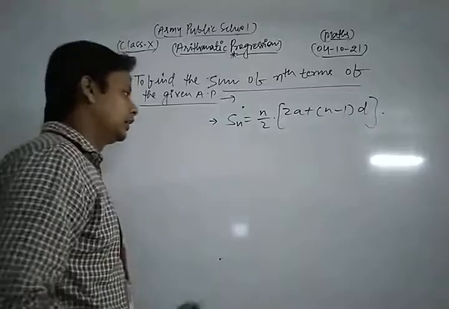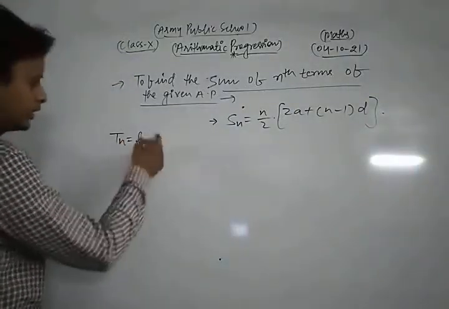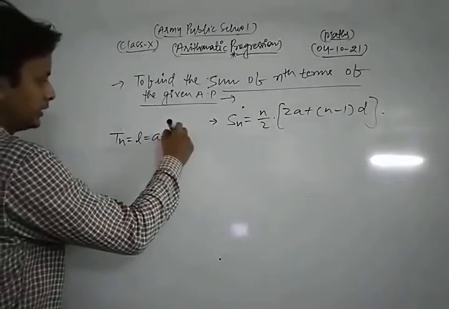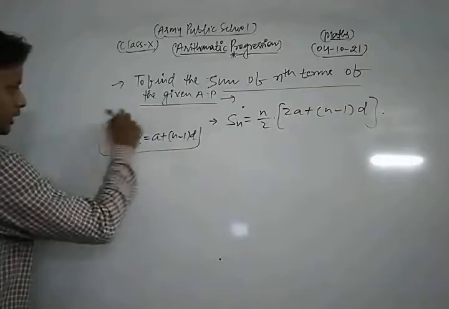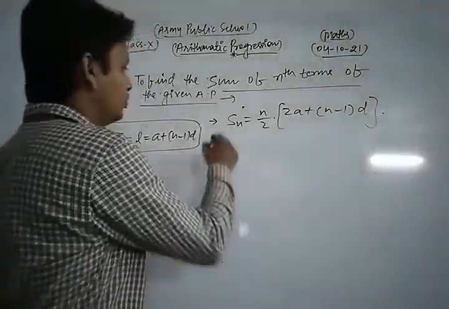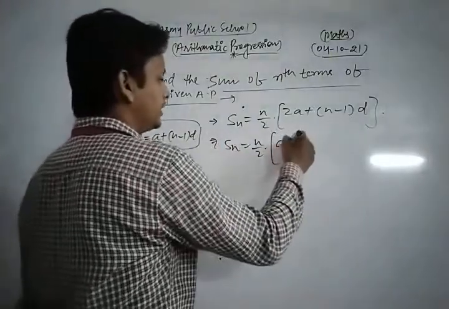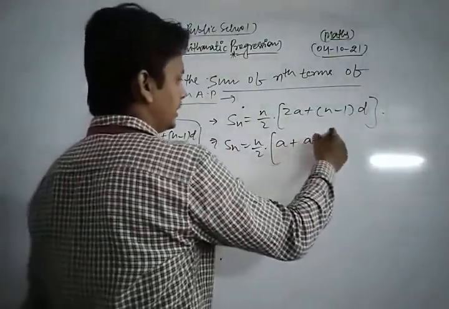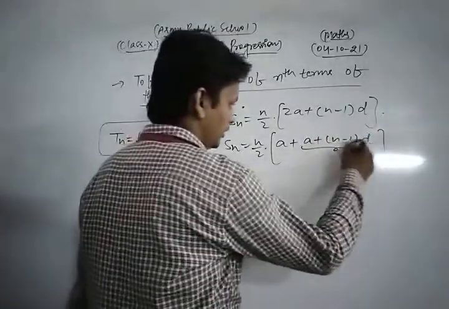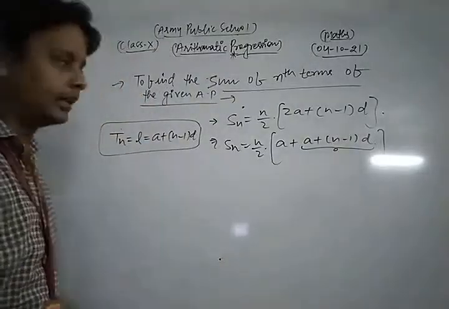Or we can write, dear students, the nth term is also called the last term of the given AP, and the formula for l or Tn, you know, is a plus (n minus 1) into d. So we can write this formula in this way also. Sn is equal to n by 2, where 2a we can split as a plus a, and the remaining part, a plus (n minus 1) into d, is the last term, that is l.